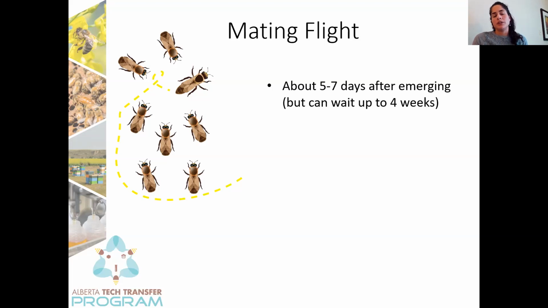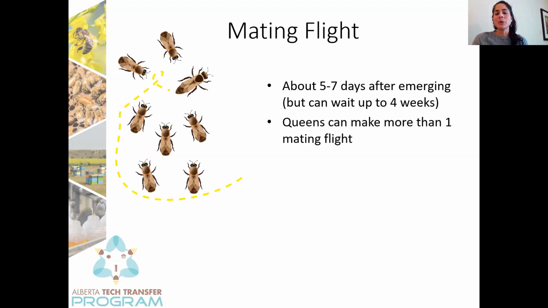But if they wait more than 4 weeks, they usually just start laying drone eggs, unfertilized eggs, and they become drone layers. So it's usually in that 5 to 7 days, but it can be 4 weeks if the weather is not ideal. Mostly because drones do not fly when the weather is not perfect.